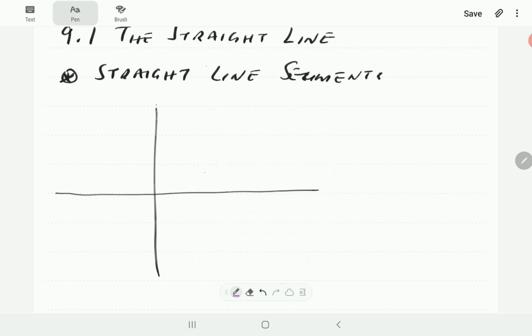So if you imagine we have a straight line from A to B, imagine that the coordinates of B are x2, y2, and the coordinates of A here are x1, y1.